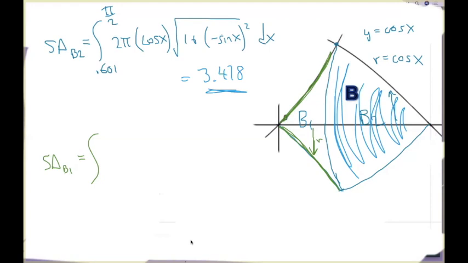Remember that the equation, this is y equals e to the x minus 1. That happens to be the radius for this. So setting that up, our bounds, we're going from x equals 0 to, let's see, x equals, what was that, 0.601. And again, we'll get 2 pi r, so 2 times pi, and the radius is defined by that function e to the x minus 1.